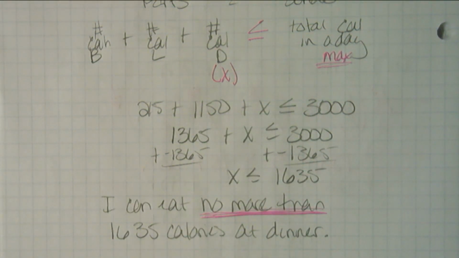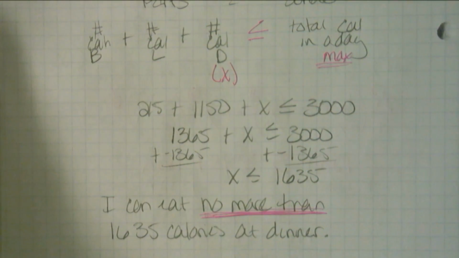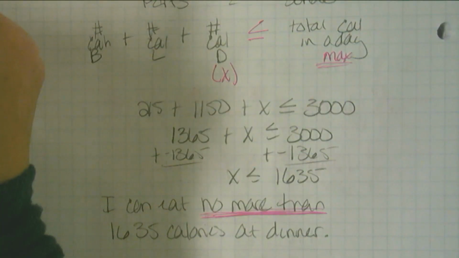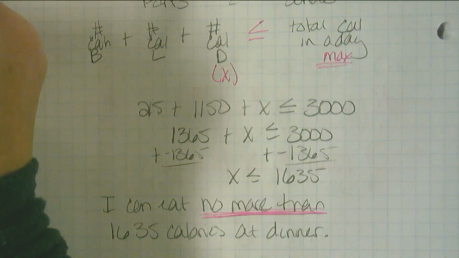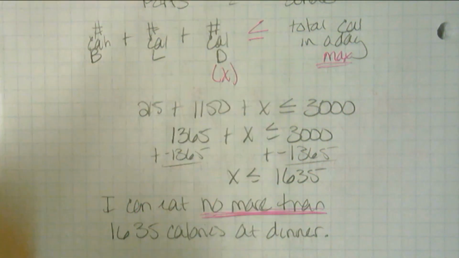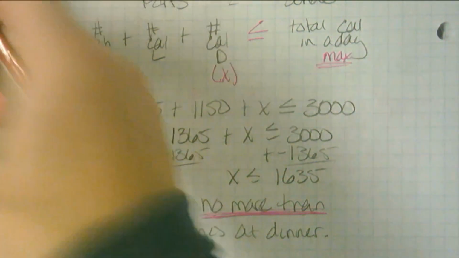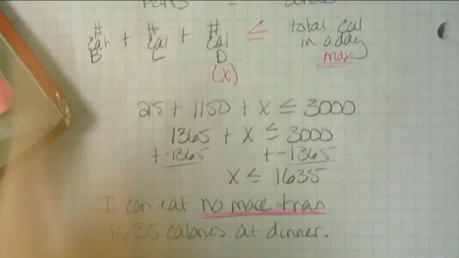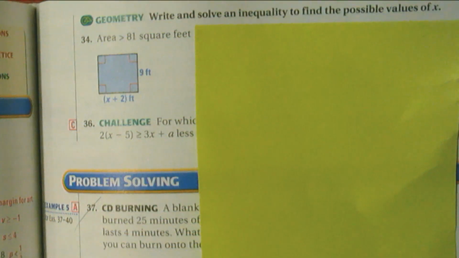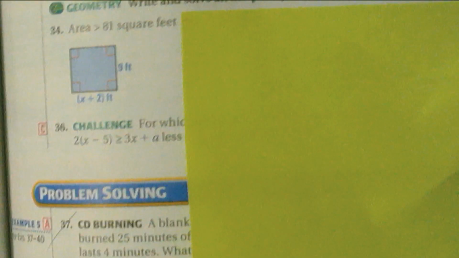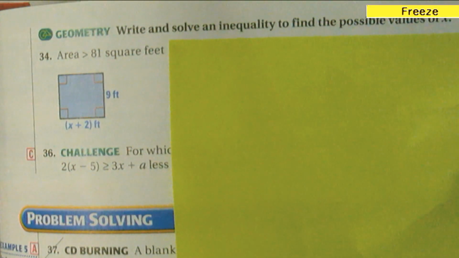All right. I'm going to give you a story problem I want you guys to do. This one's going to be from my other book. Okay. I want you guys to do this problem. So this is a geometry problem. This is going to require that you remember the formula. So I want you to do number 34 here, please.